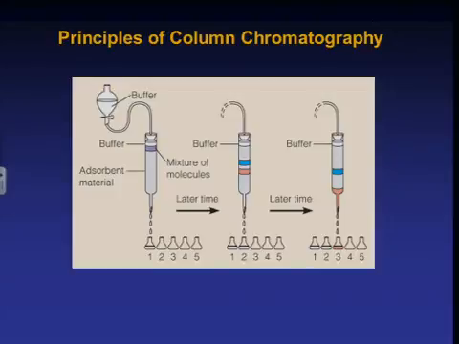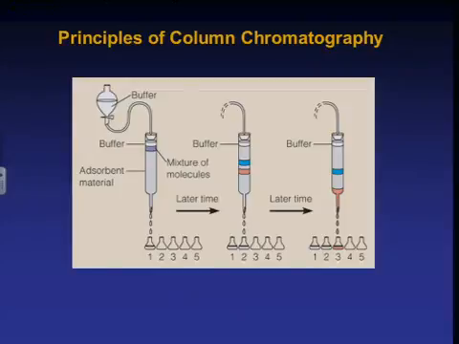So this material that's in the column, we'll call the resin or the stationary phase, that initially you might have this mixture of proteins, you're putting it on top of the column, and you're running a buffer through. You're getting fractionation. These proteins are interacting with that solid phase to different extents. Those that aren't interacting strong are going to come off of the column early, right?